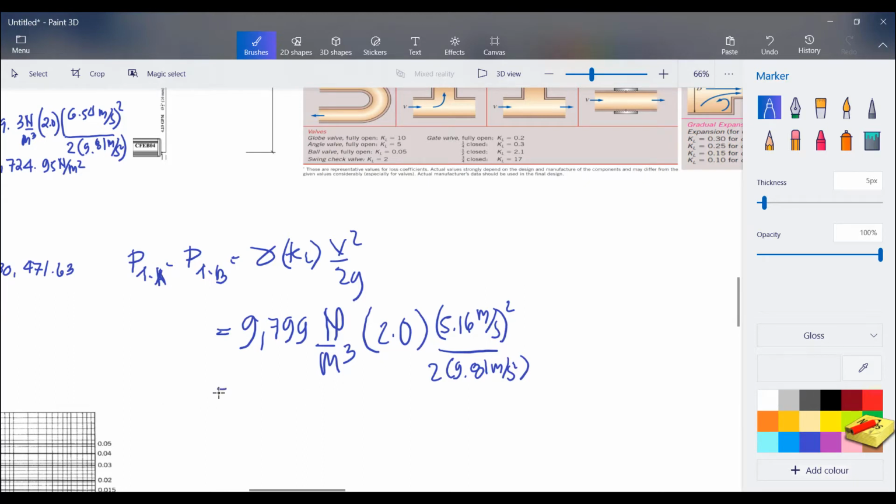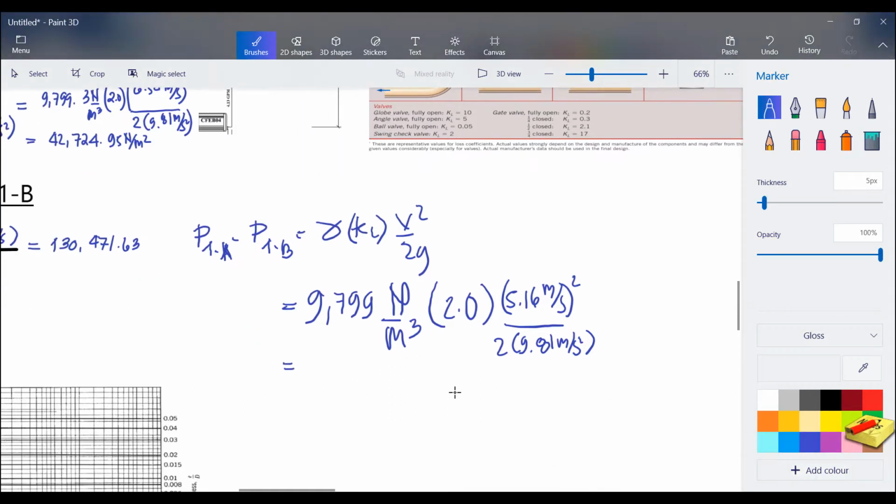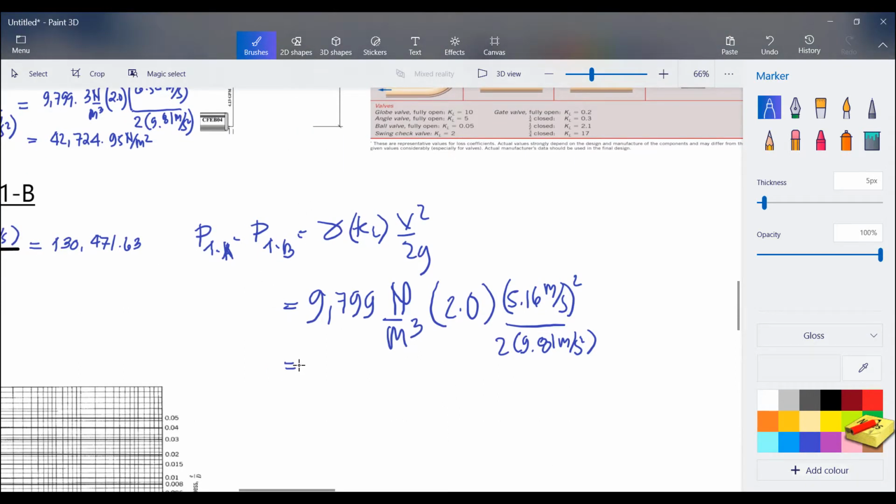Then we have now the value. So we get the value of 26,595.74 Newton per square meter.